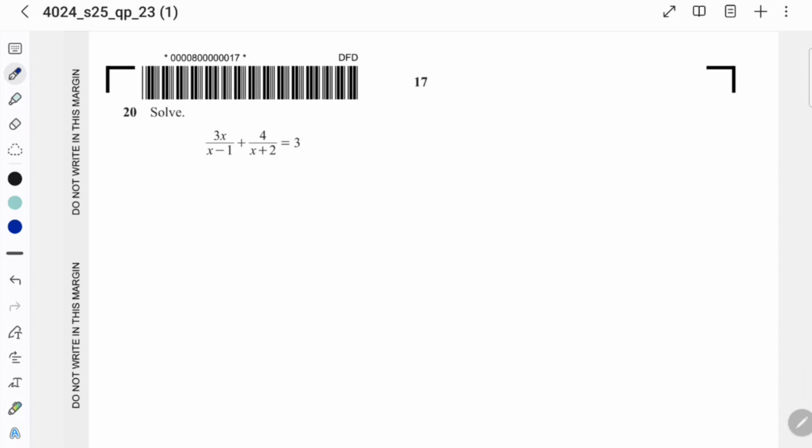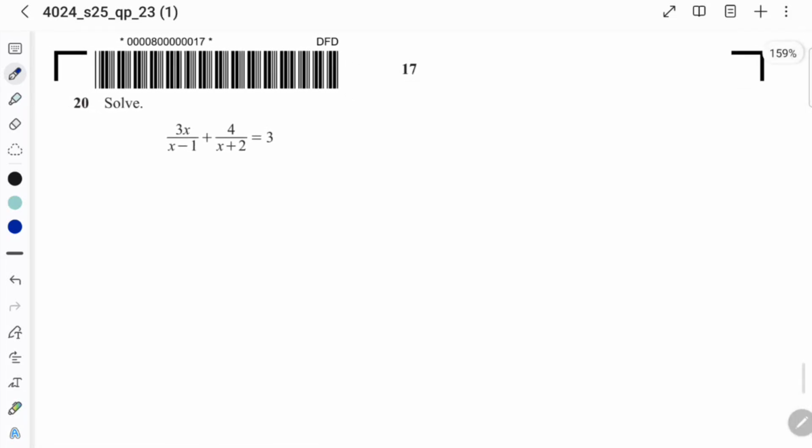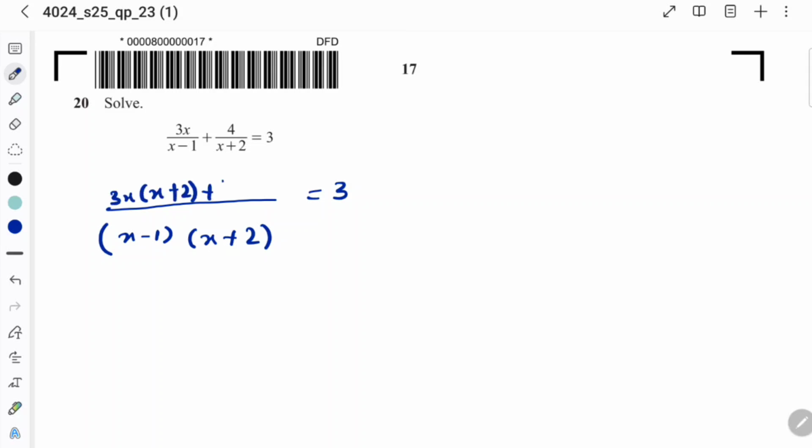Okay, now move to question number 20. In question number 20, you can see an algebraic equation, and they're asking us to solve. So this is 3 over x minus 1 and x plus 2 is equals to 3. 3x will multiply with x plus 2, and 4 is multiplying with x minus 1, is equals to 3.